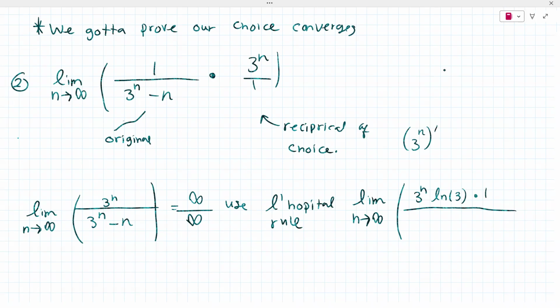We know the derivative of 3^n is this whole thing, so that's 3^n ln of 3 times 1. And then the derivative of negative n is negative 1. And when you plug in infinity, you're still going to get infinity over infinity. So you got to apply L'Hopital again.